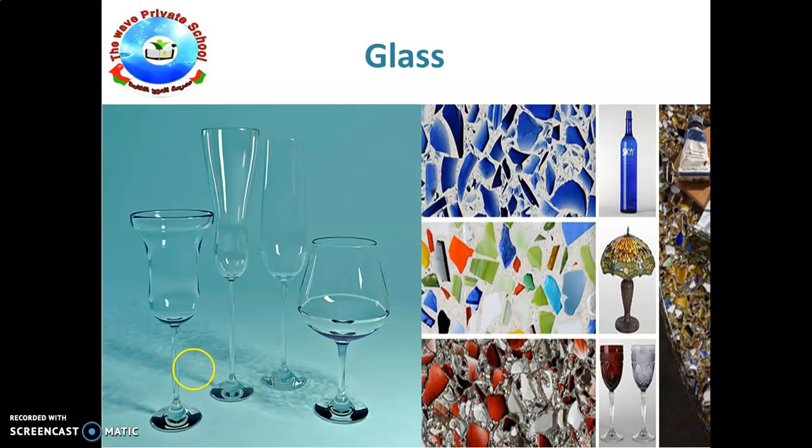We store food and drinks in glass bottles and glass jars because it is unreactive with the food material stored in it. So glass is cheap to make and can be made in many shapes. Also it can be recycled, as I told you.